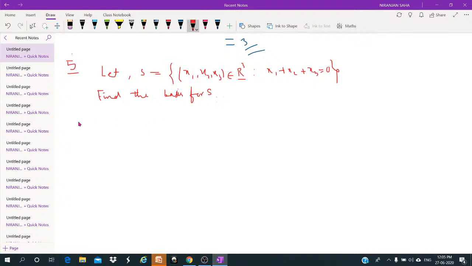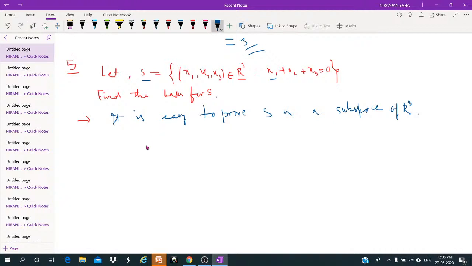We have to find the basis for S. So it is easy to prove that S is a subspace of R3.